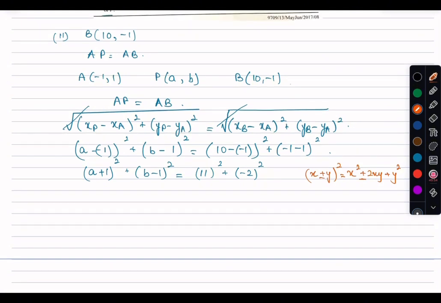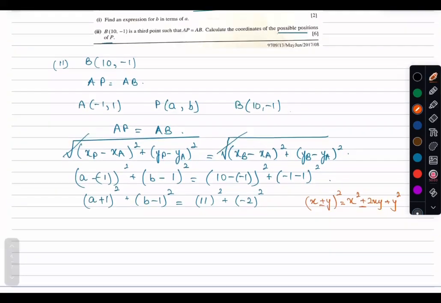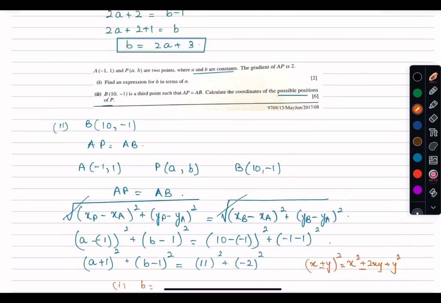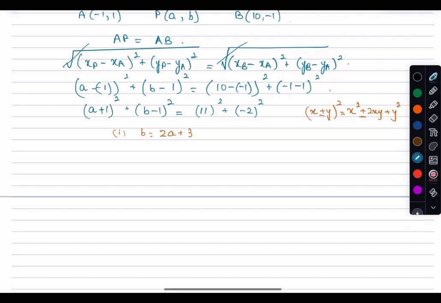But before that, we are getting a, we are getting b, and from part 1 we have already seen that b was equal to 2a plus 3. So from part 1 there was one piece of information that we had, and that was that b was equal to 2a plus 3. So I can substitute that b here in the equation to get everything in terms of a and then get the value of a here.